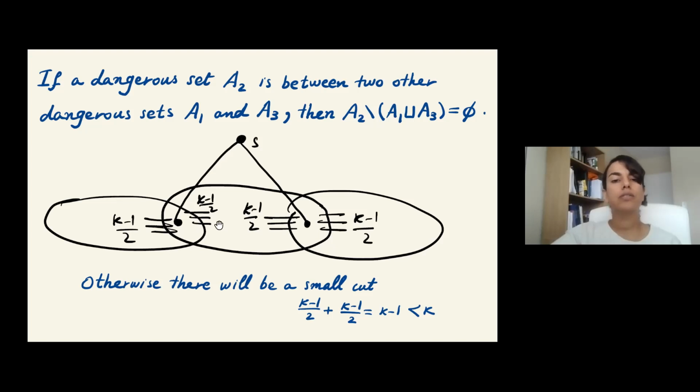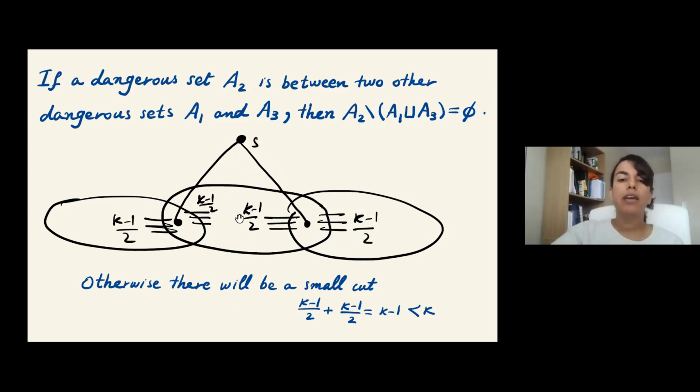There are vertices in those intersections, but the interior has to be empty, otherwise we will have a small cut of size k-1, because this set already has many edges coming out from it. (k-1)/2, (k-1)/2, and 2, that's already k+1, and it's dangerous. So there can't be any more edges coming out.